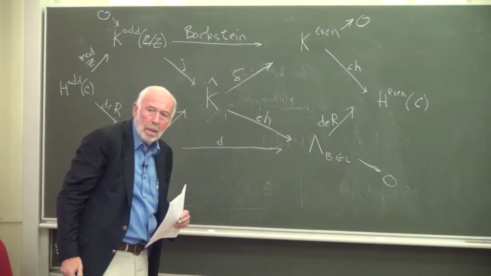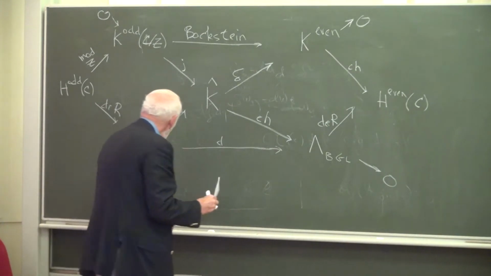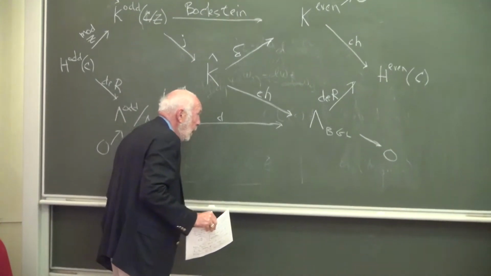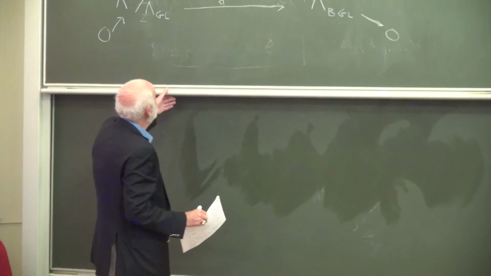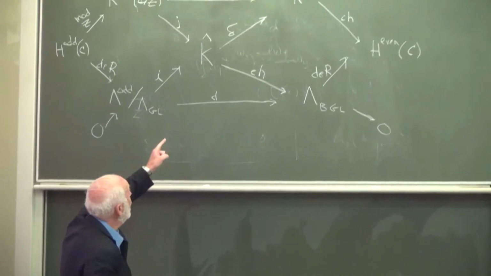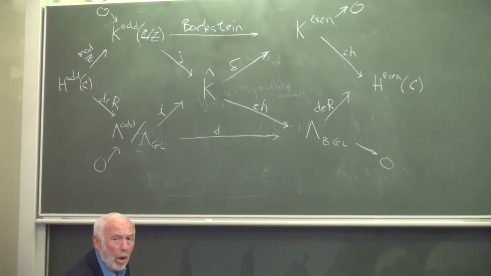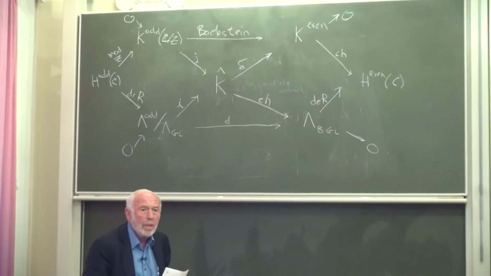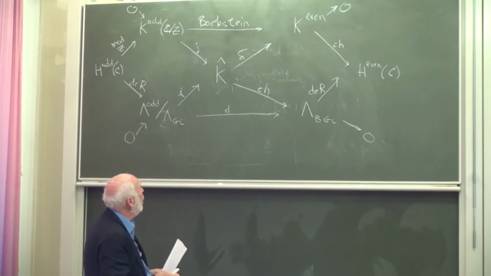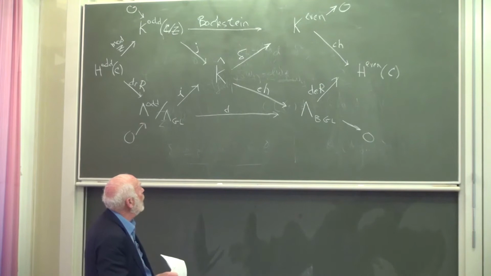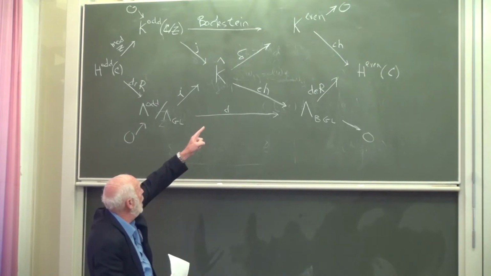So I'll put this up here, you can ponder it, and we'll say what things are. What's in the middle is differential cohomology with respect to K-theory. Before it was ordinary integral cohomology in the upper right.